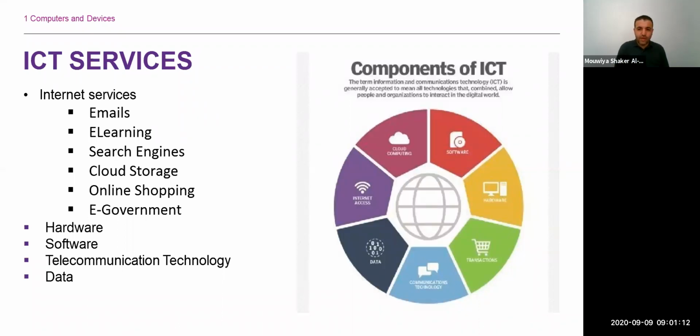When you go to the shopping mall, somebody scans your products, and when he scans the product in the scanning machine, there's software in this place, and there is a communication between the place. So it's all part of ICT.